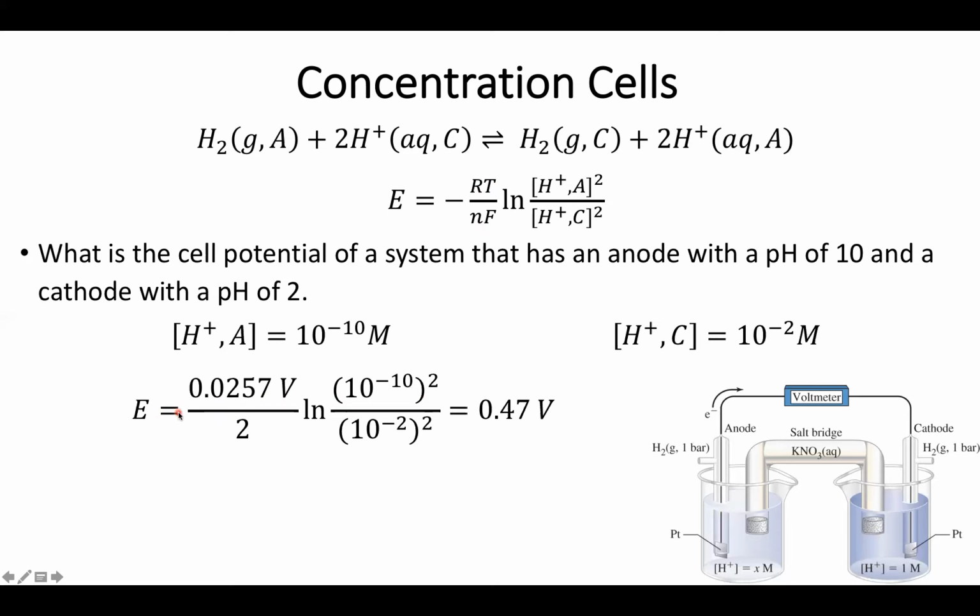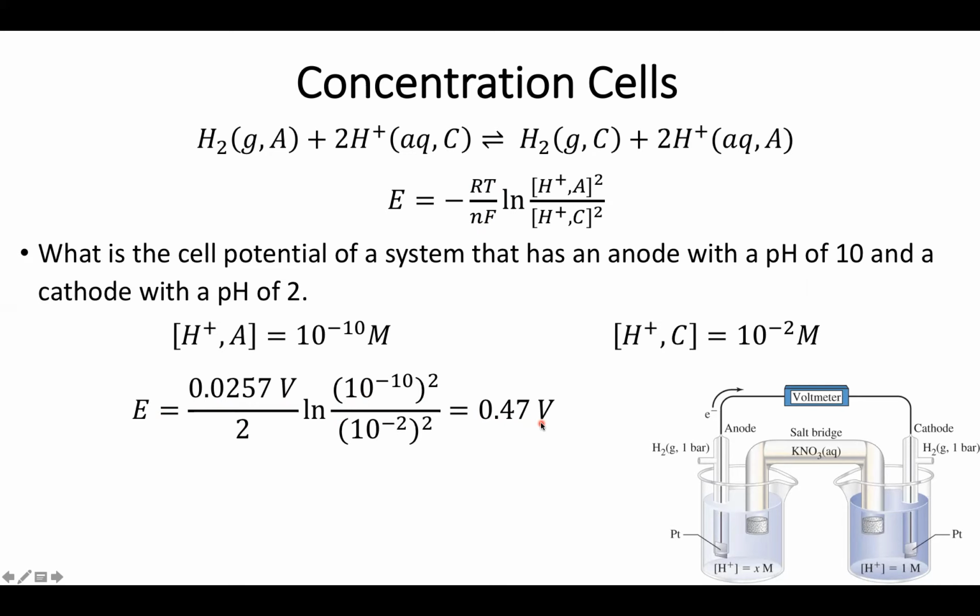I did drop a negative sign here. n is 2. And again, products over reactants will end up canceling the negative sign here. And it turns out with a potential of 0.47 volts. That's actually a fair bit of energy.